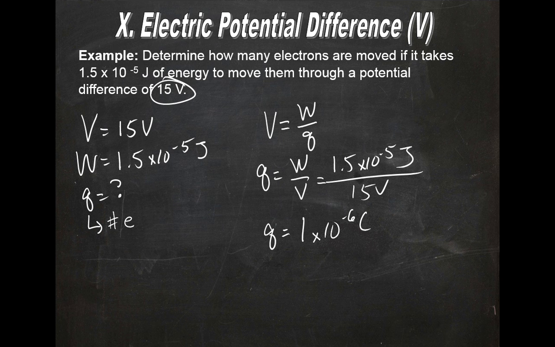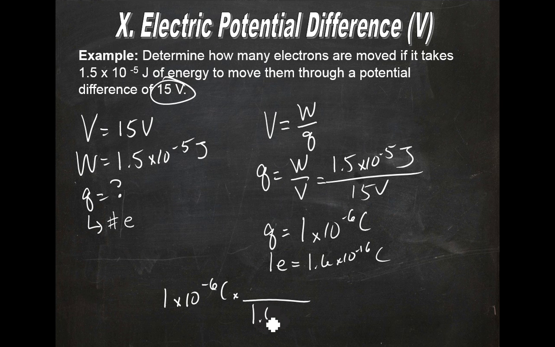Now we know the amount of charge that's being moved. We can take that amount of charge and convert it to just elementary particles, or electrons in this case, using a ratio that one elementary particle is going to carry 1.6 times 10 to the negative 19 coulombs. So, start with our given, 1 times 10 to the negative 6 coulombs, multiply by a fraction.